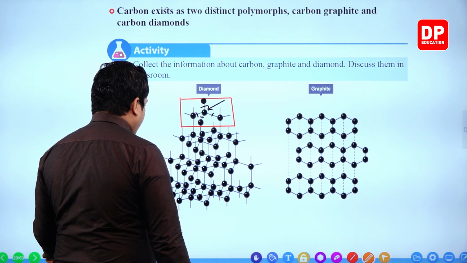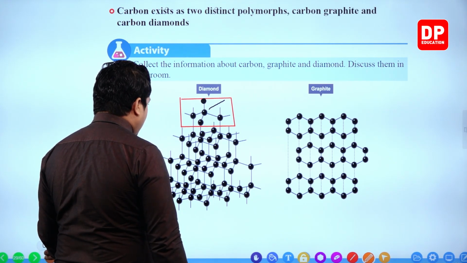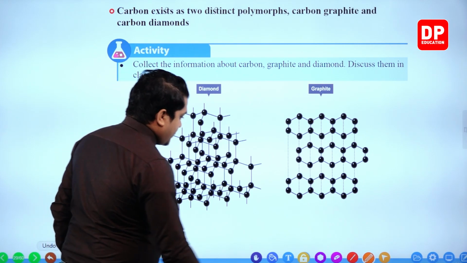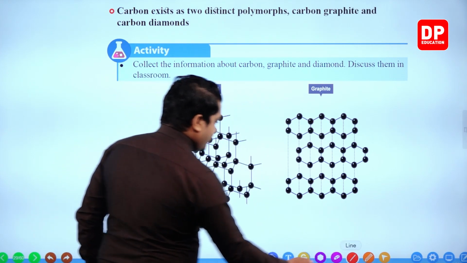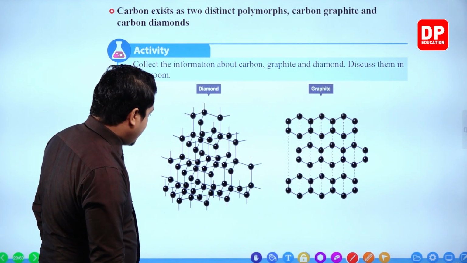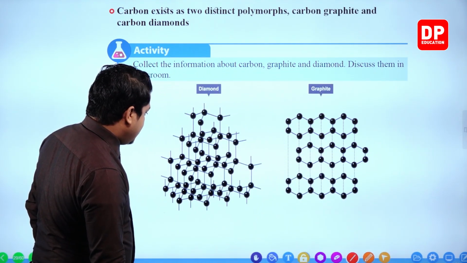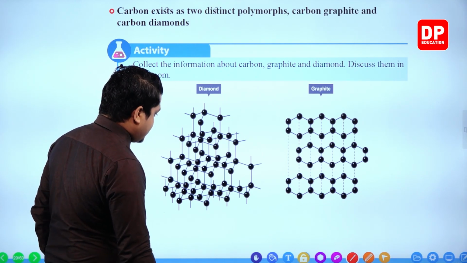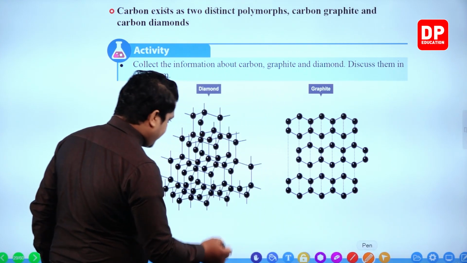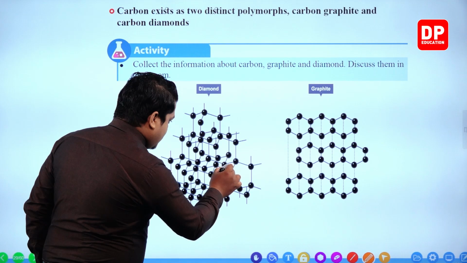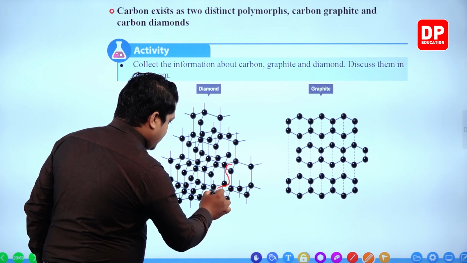Let me take you here so that you can observe it very clearly. I'm going to take a structure from the middle. If you take it from the middle, then you can clearly observe it. See the structure. Let's take from here. I'm going to highlight and show. Observe. Take this one.